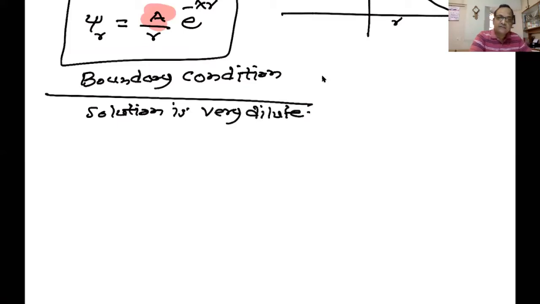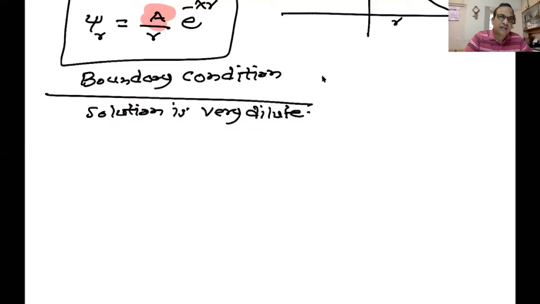If I assume that my solution is very dilute, then obviously the interparticle separation, the separation between two ions, is going to be very large compared to the ionic radii of the ions. I repeat, in a very dilute solution the ions are far apart from each other, such that the ionic radii become negligible compared to the distance between the ions.